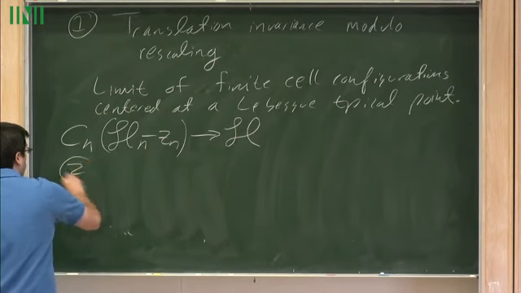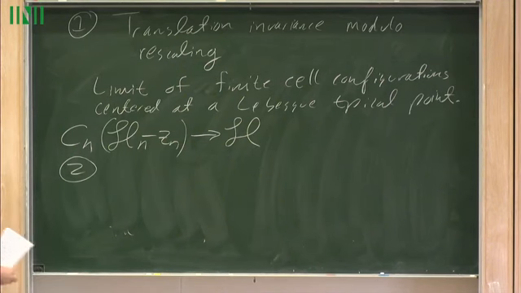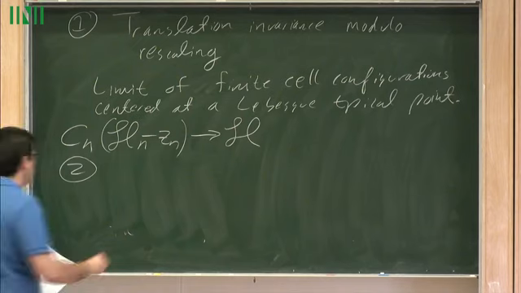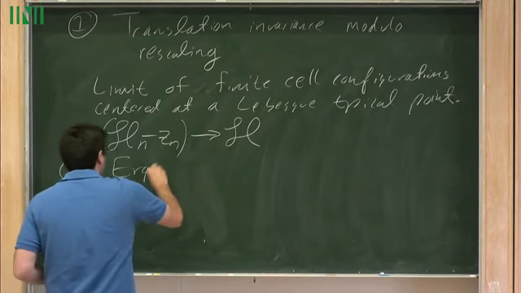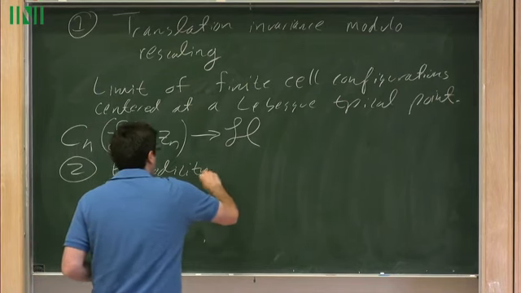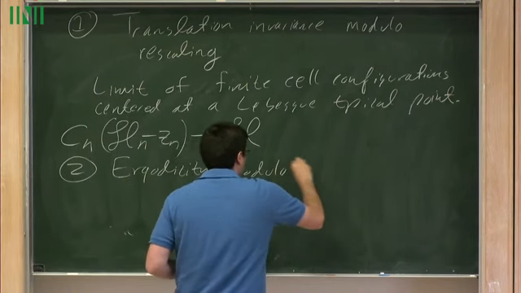The second one replaces the usual ergodicity assumption that one makes when one does random walk in random environment, and this is ergodicity modulo rescaling.